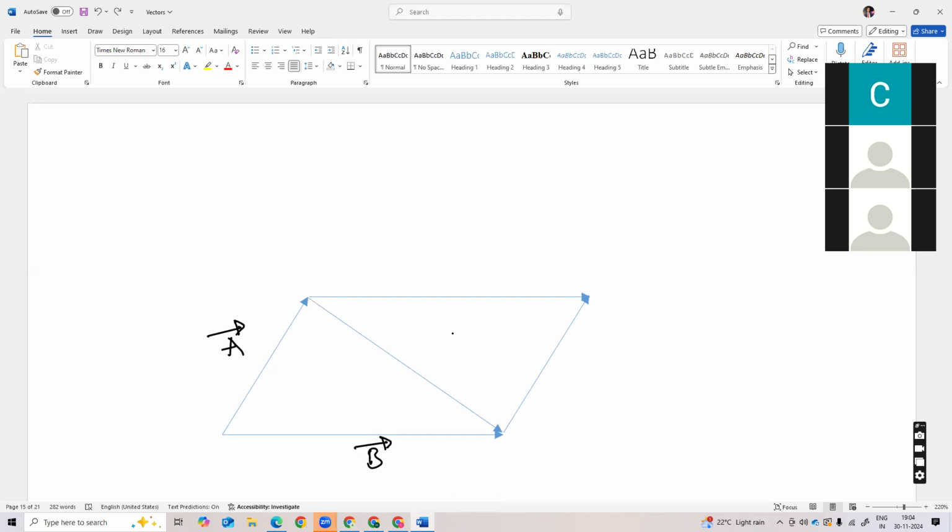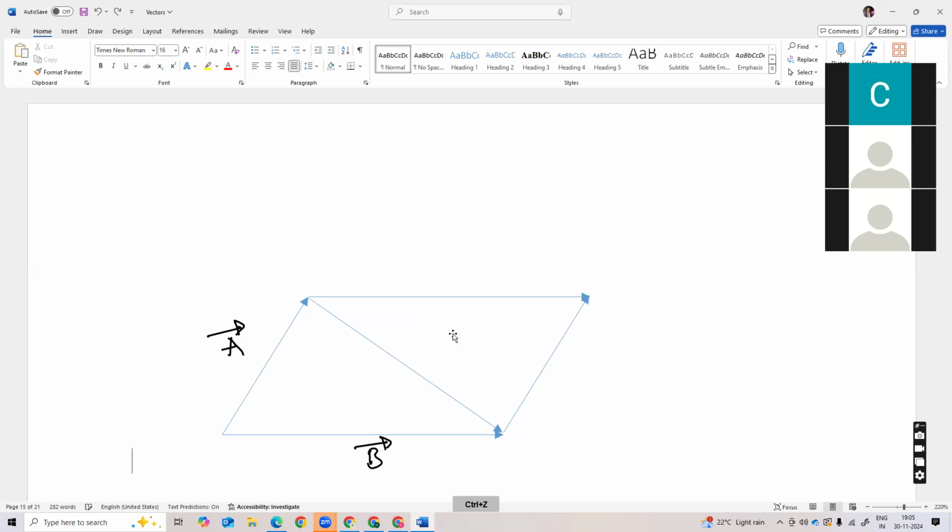In this case, we have shown the direction of this arrow towards B, and therefore you can write it as B minus A. However, if you show this arrow towards A, then you can write it as A minus B. Here we will just see the value and we will not go into the direction.